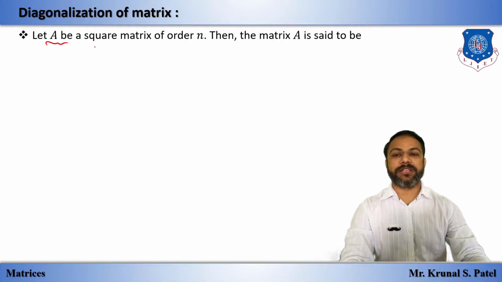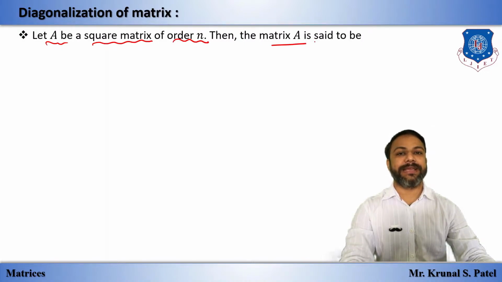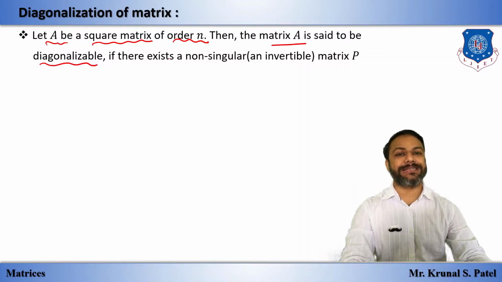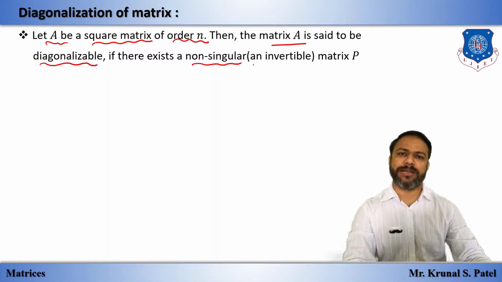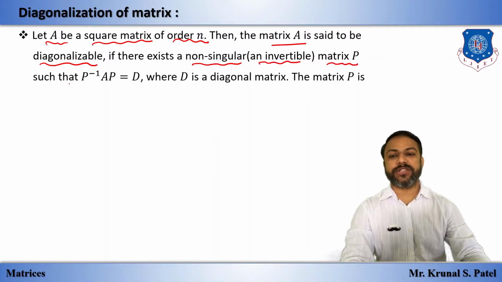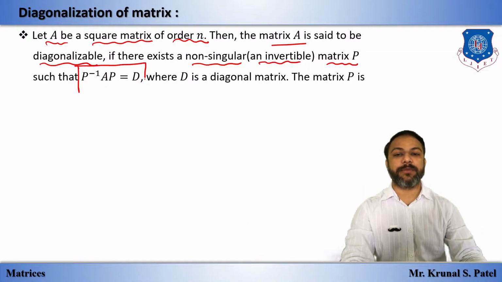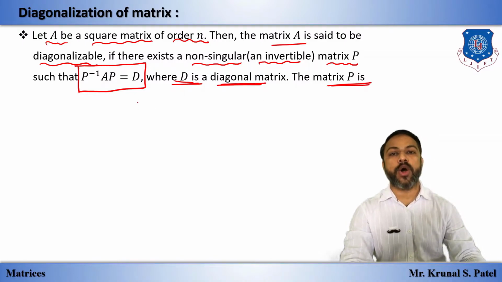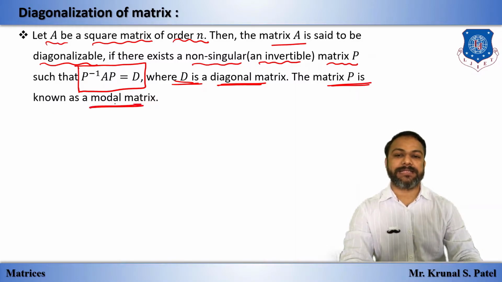Let capital A be a square matrix of order n. Then matrix A is said to be diagonalizable if there exists a non-singular, that is, invertible matrix capital P, such that P inverse AP is equal to D, where D is a diagonal matrix, and that matrix P is called the model matrix.